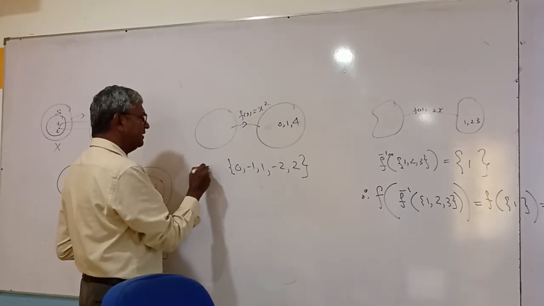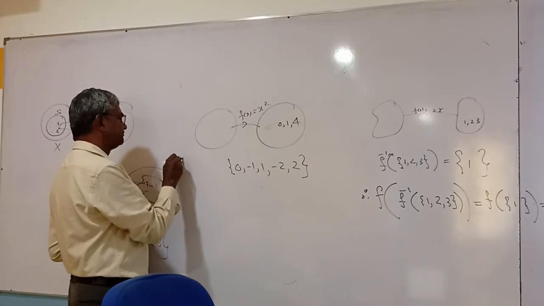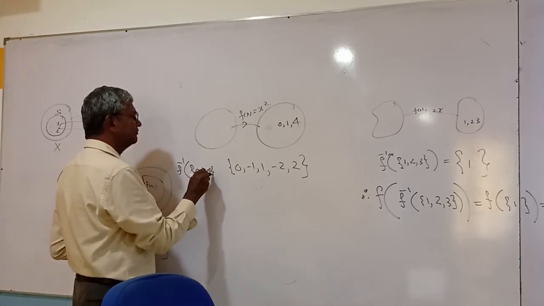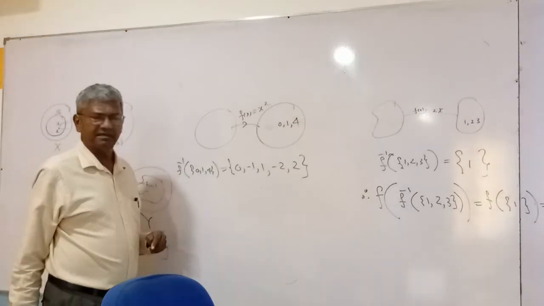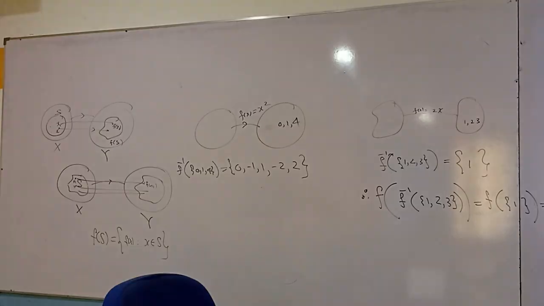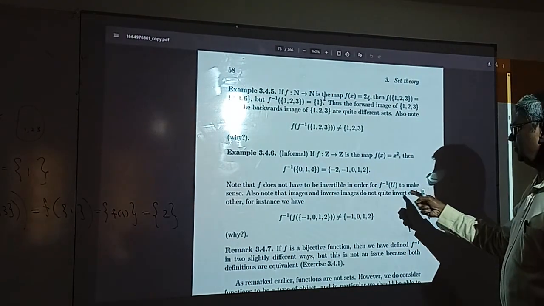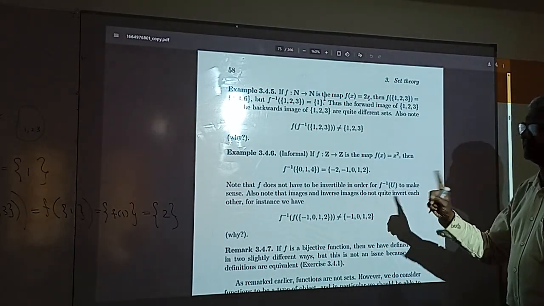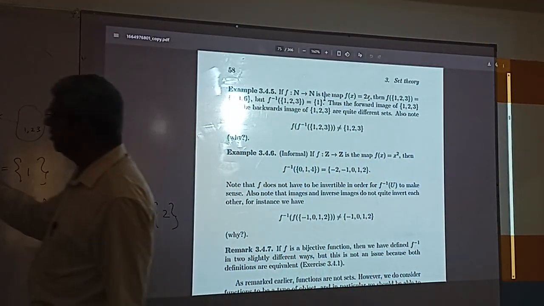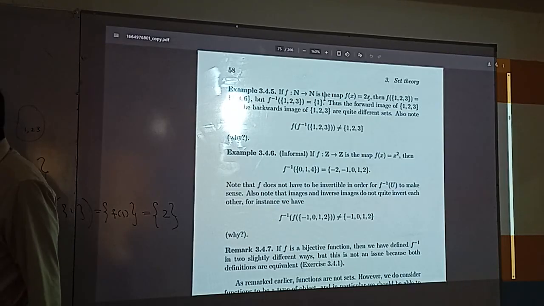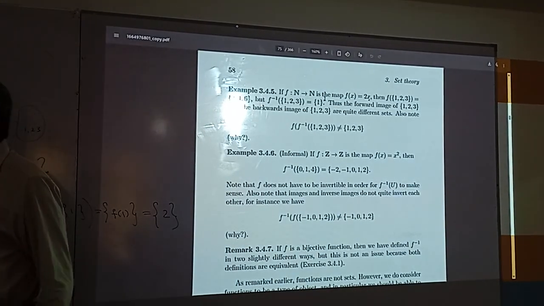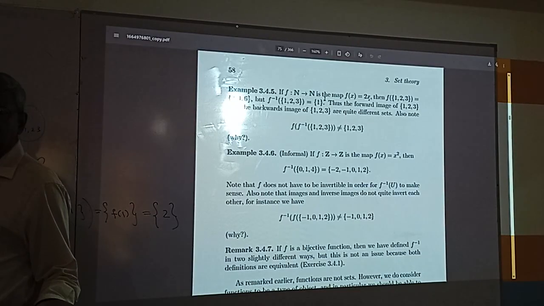Right? F inverse of the set {0, 1, 4} is equal to this set. Note that f does not have to be invertible for f inverse of a set to make sense. Whether or not f is one-to-one or injective, f inverse of a set is always defined.